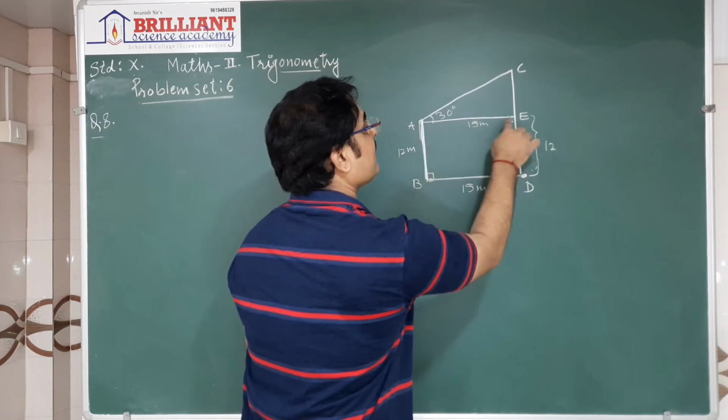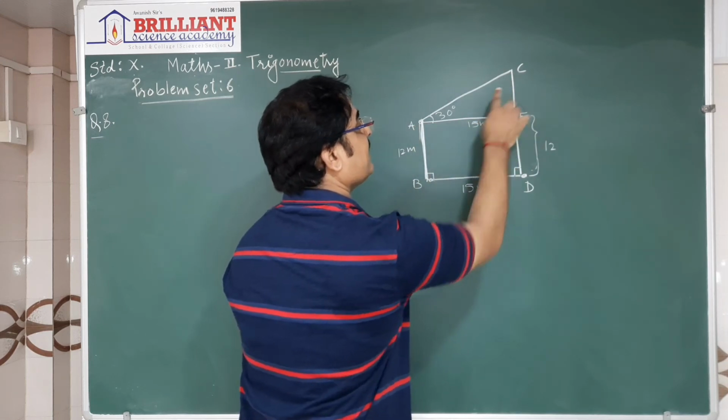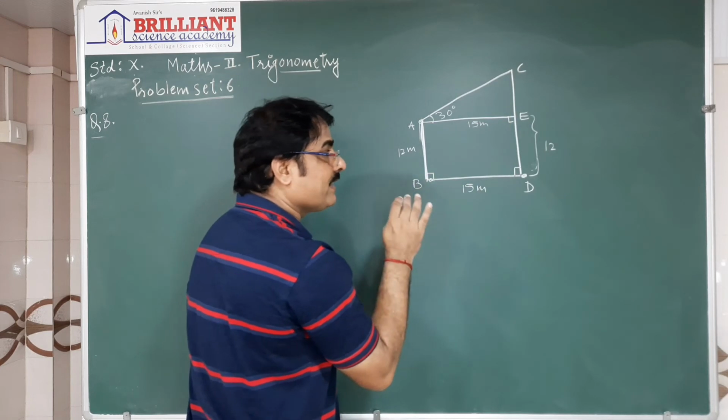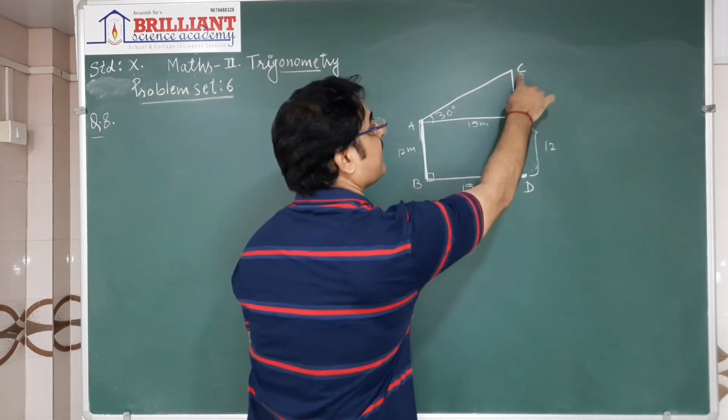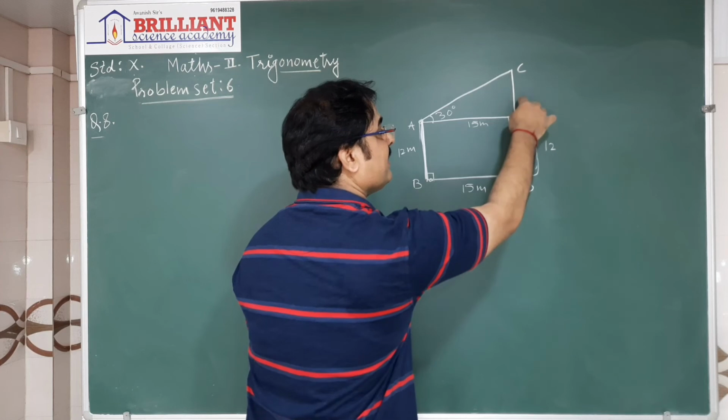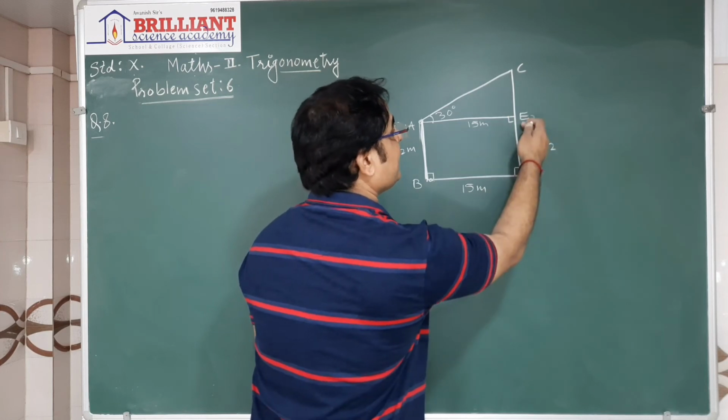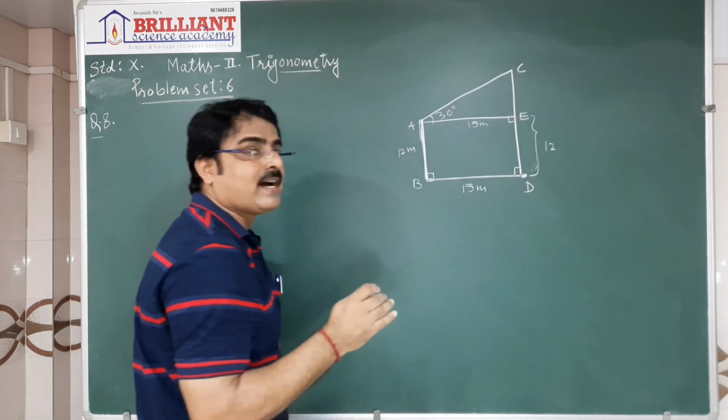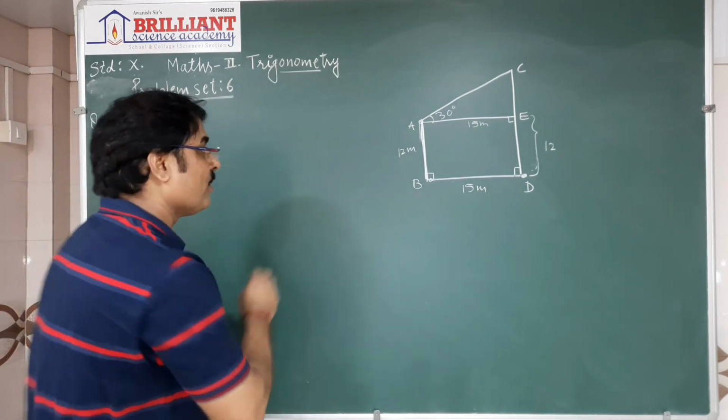And now in right angle triangle AEC, by using the trigonometric ratio we will find CE. When we get CE, then we add DE and CE, we get the height of the second building.